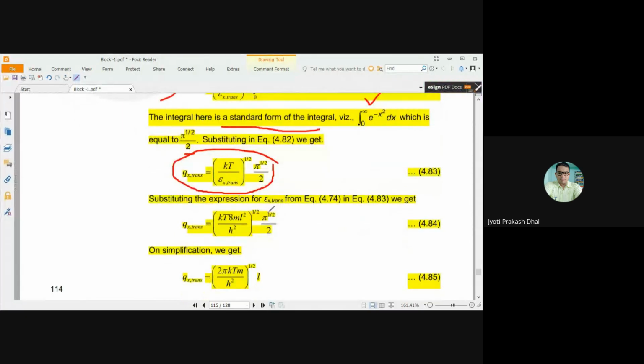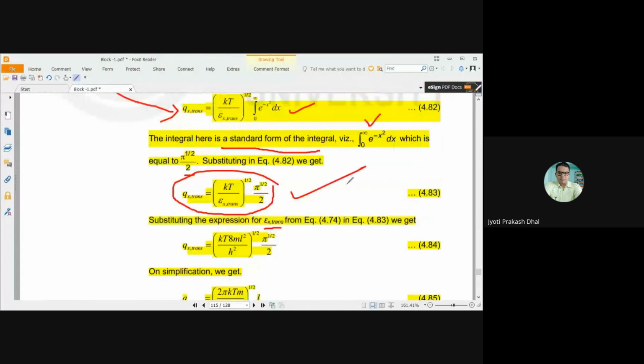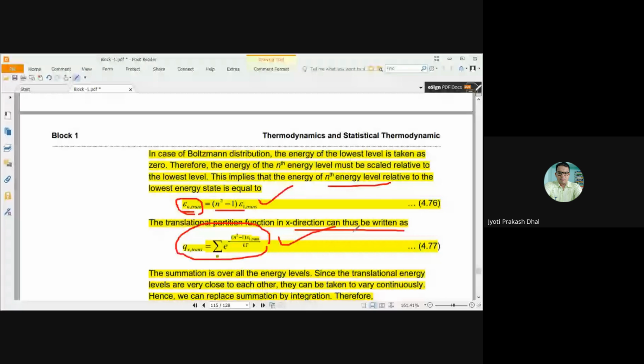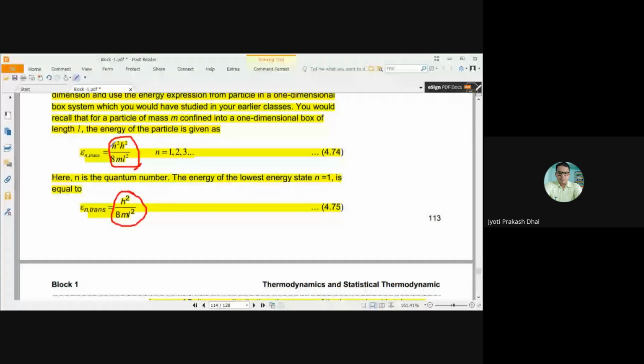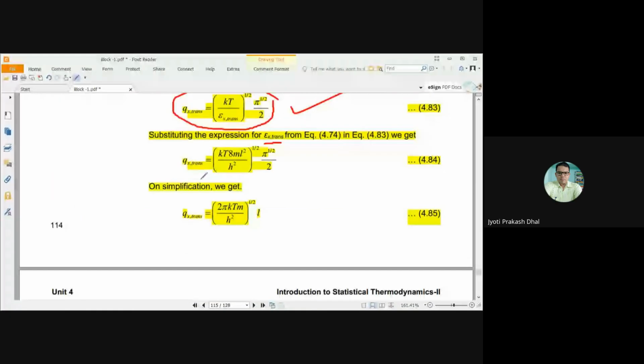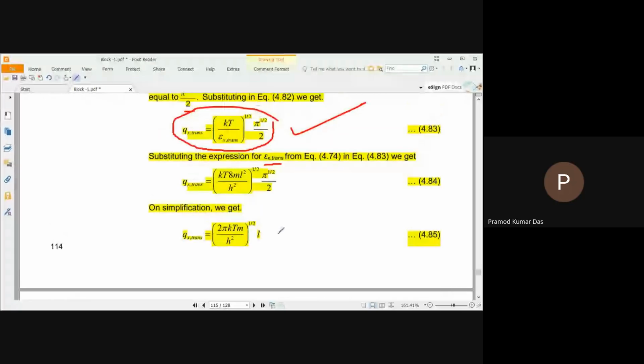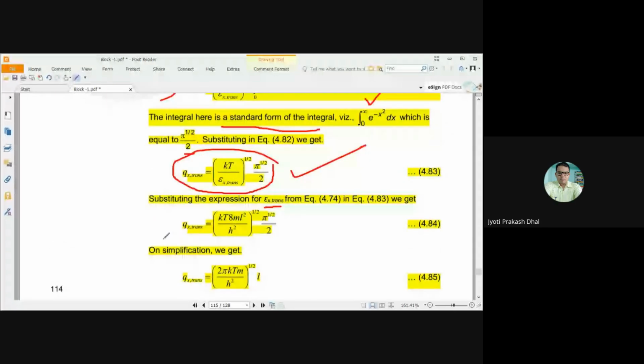Now substituting the expression for epsilon x translational from equation 74 in equation 83, we can write Qx translational equals kT divided by 8 m L square by h square, to the power half, into pi to the power half by 2.